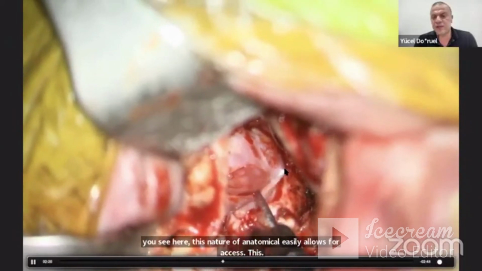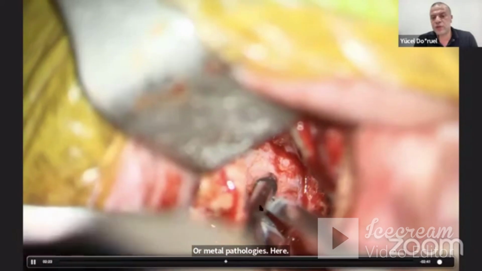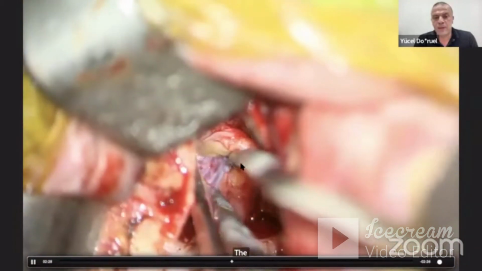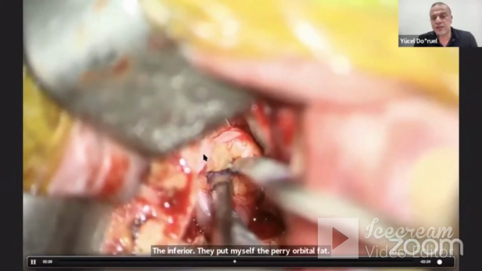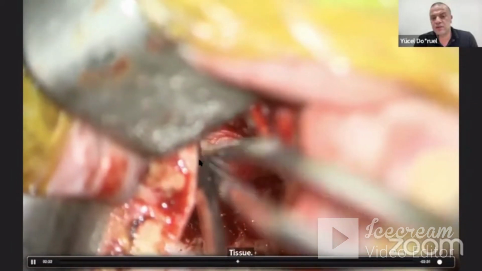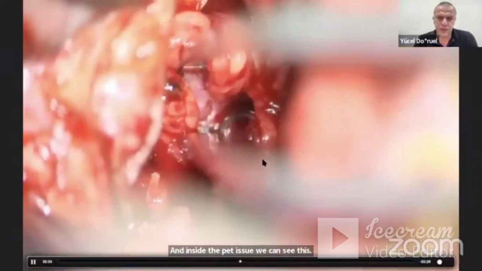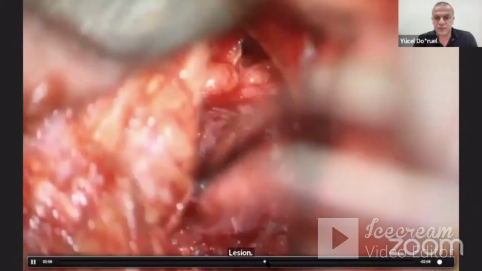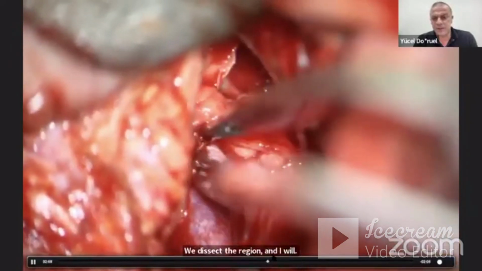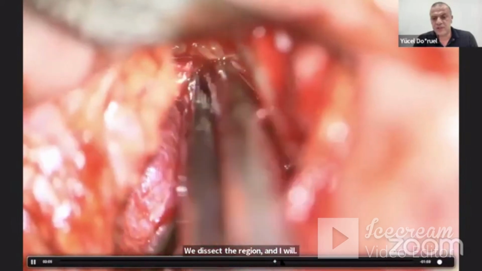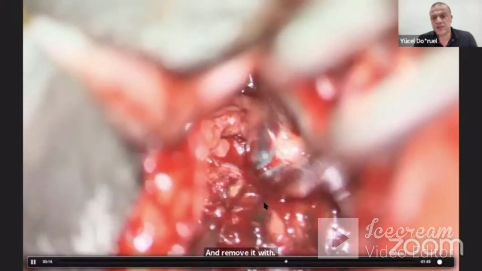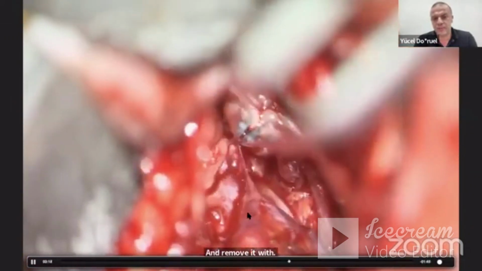Here, after we cut the periorbital fascia, we see the inferior rectus muscle and the periorbital fat tissue, and inside the fat tissue we can see this lesion. We dissect the lesion, and I will just speed up this process and remove it, a big lesion attached to the surrounding tissue.